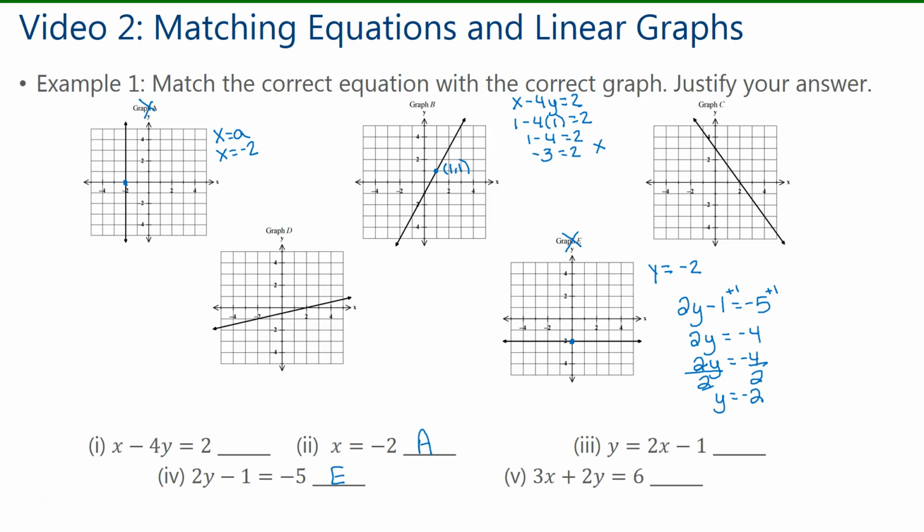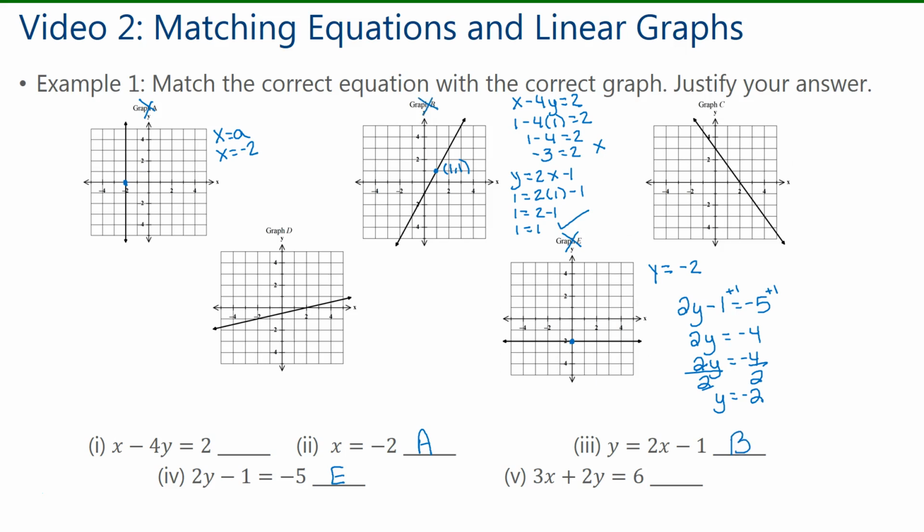So we can try equation 3 now. 1 is equal to 2 times 1, take away 1. 1 is equal to 2 take away 1, or 1 is equal to 1. So it works in equation 3.